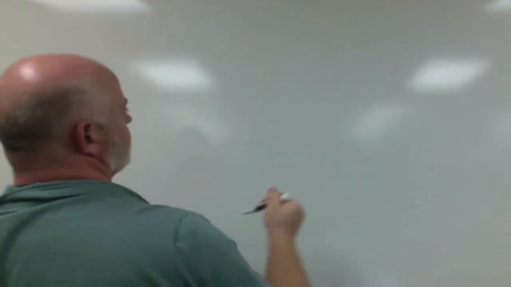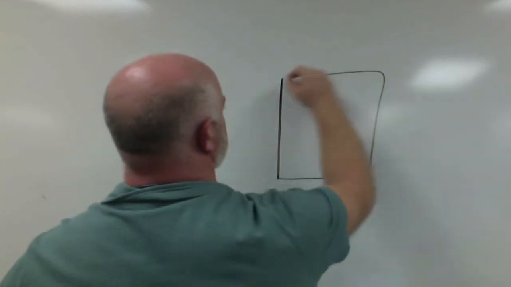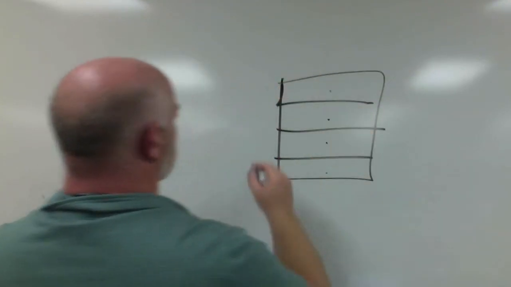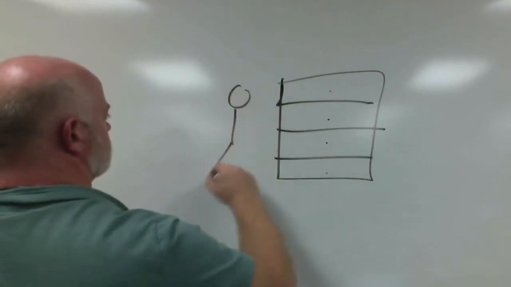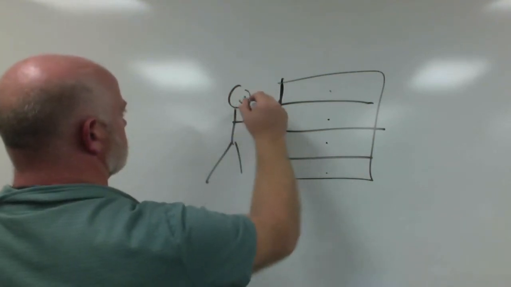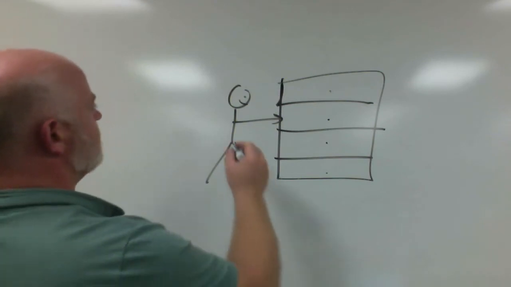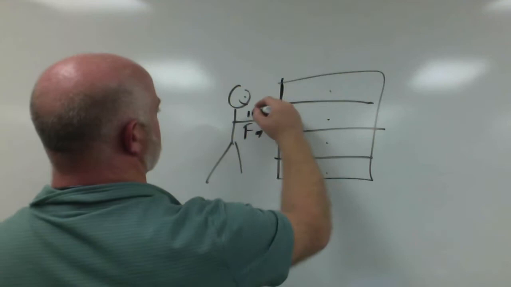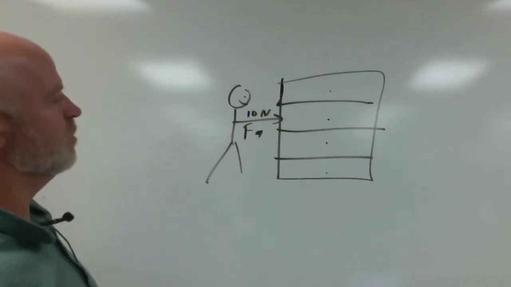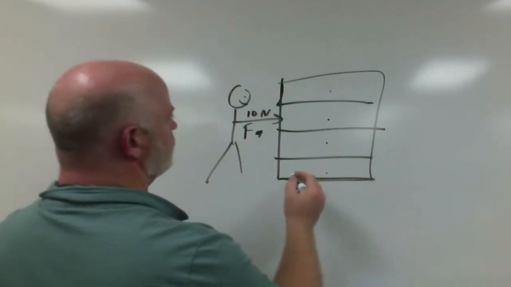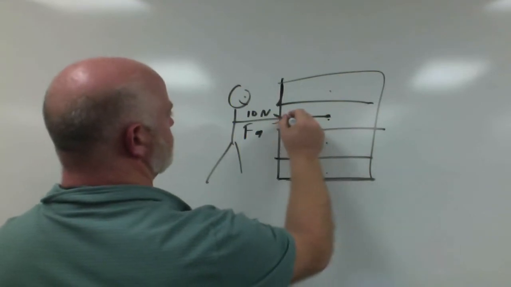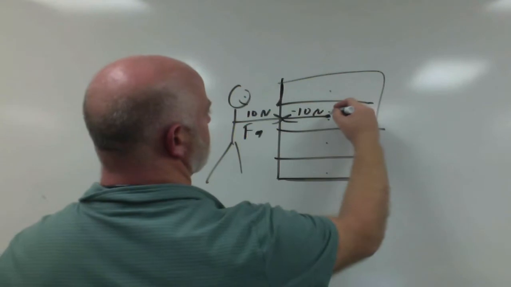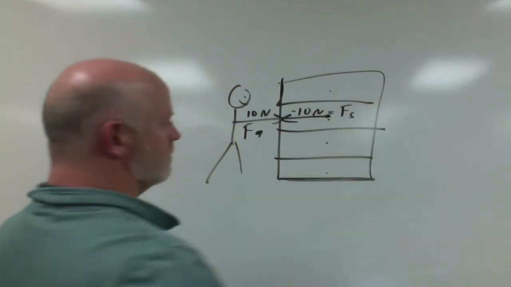Let's say I have a big dresser I'm trying to push, and my applied force is 10 newtons. If I apply 10 newtons of force and the dresser does not move, that means the static friction pushing back on me is a negative 10 newtons. That would be my static friction.